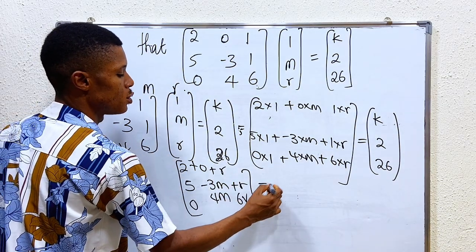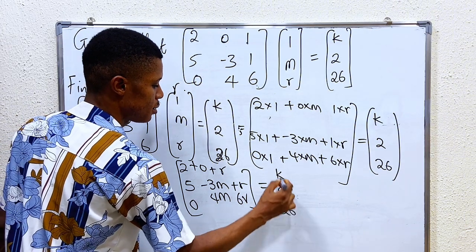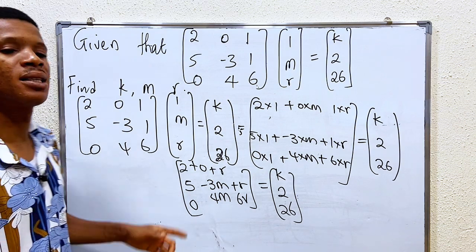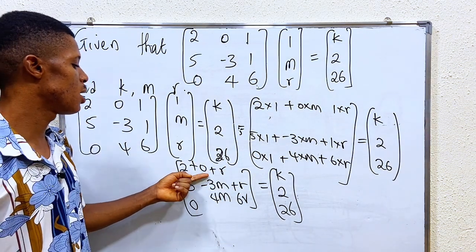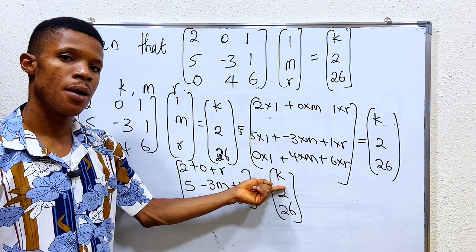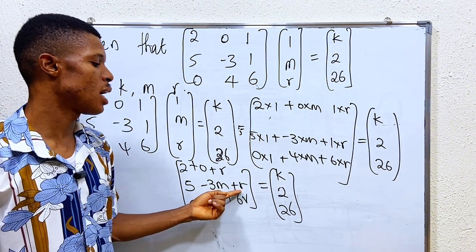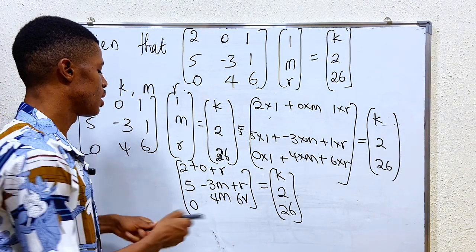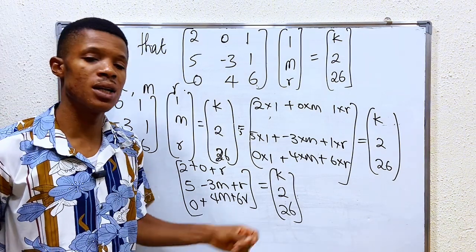And it equals k, 2, 26. Now this can be reduced to equations, because 2 plus 0 plus r is k. By comparing, 5 minus 3m plus r is 2, and 0 plus 4m plus 6r is 26.